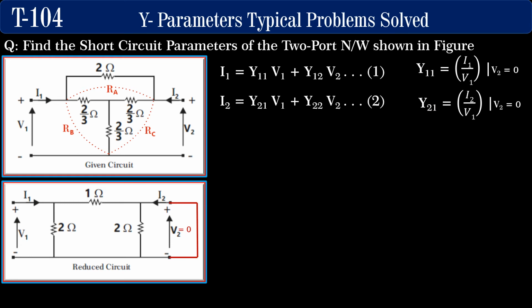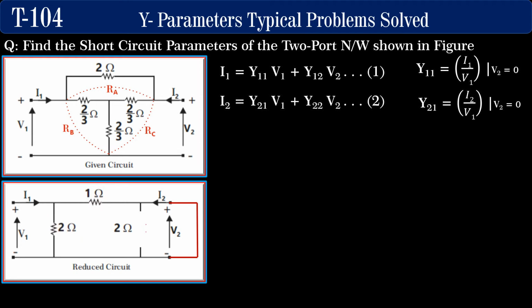So, if we enforce V2 is equal to 0, you find that the voltage across this 2 ohm resistance is 0 and current flowing through this is 0. Therefore, we can as well open this resistance. Now, if you open this resistance, you find that this 1 ohm and 2 ohm are in parallel.